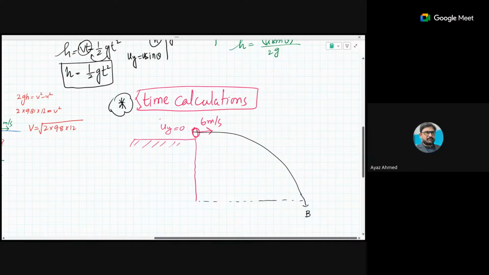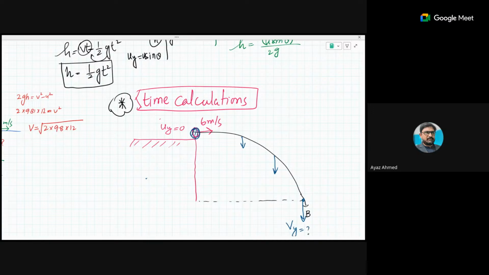So what is the game in all this? If you say that this ball is going to hit this point at the surface, then as it falls down and down and down, its vertical velocity increases, and here the vertical velocity would become Vy.